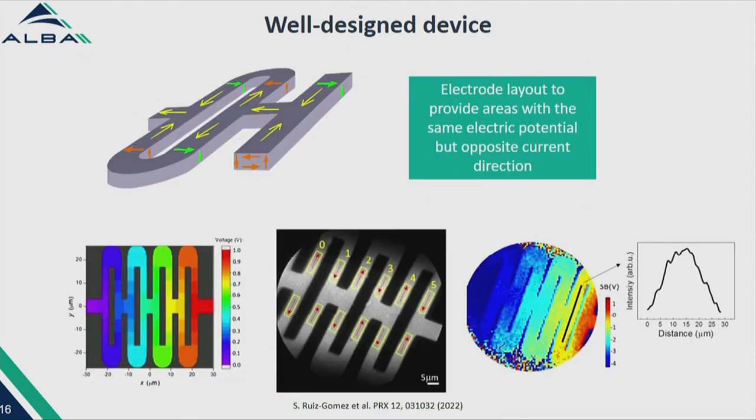So we came up with a sort of radiator design of the electrodes, where you have regions where the current is flowing in opposite directions, but where the electric potential is the same, so that they are equipotential. Here is shown a simulation of the voltage drop. Here is an X-ray picture of the actual device, and here is an experimental image of the voltage drop.